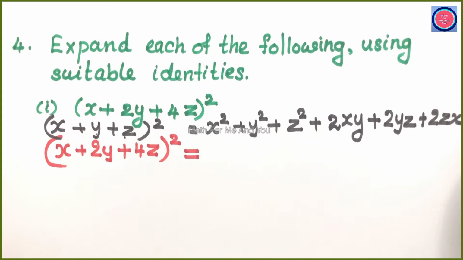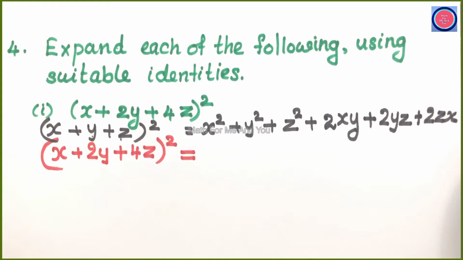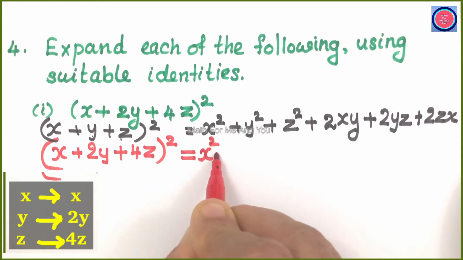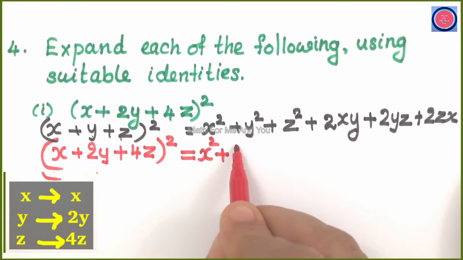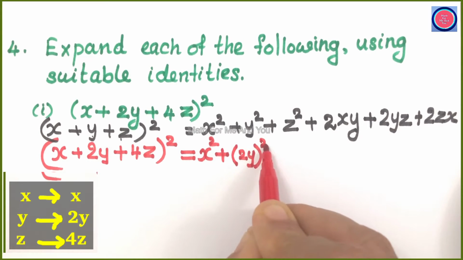Using this identity we can write the expansion of (x + 2y + 4z) the whole square. Just replace x, y, z with the corresponding terms in this question. X we write the same, so the first term is x square. Y we replace with 2y, so we get the second term (2y) the whole square.